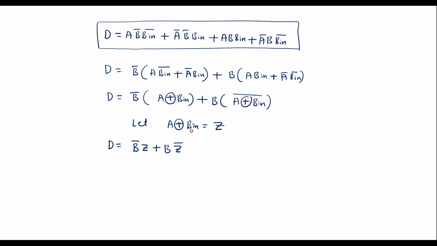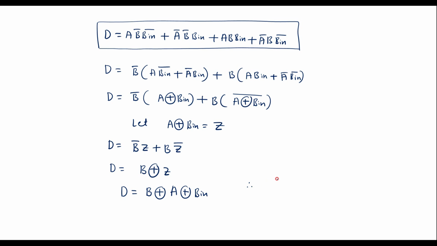A XOR B in is Z. Here we have complement, that is Z complement. So this is nothing but D is equal to B bar Z plus B Z bar, which is nothing but B XOR Z, or I can write D is equal to B XOR Z. Z is nothing but A XOR B in.